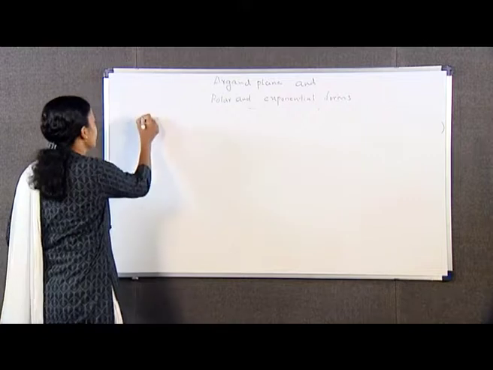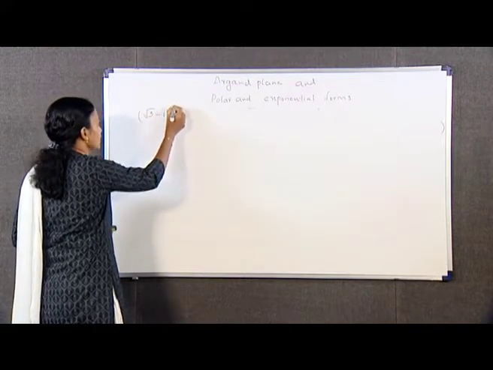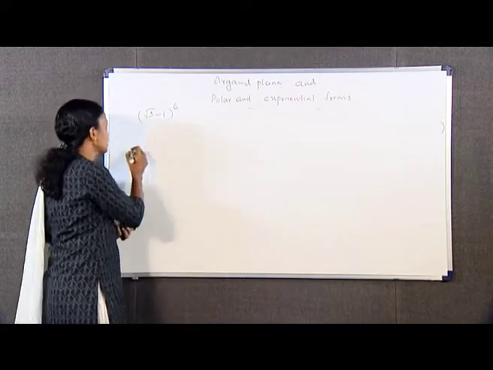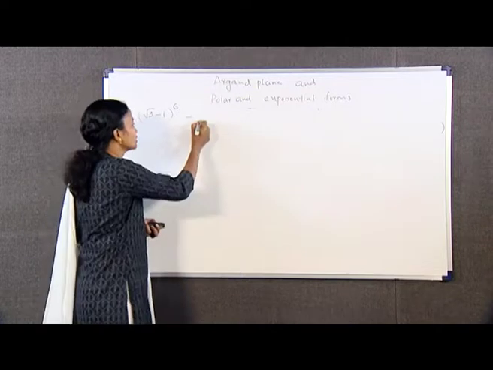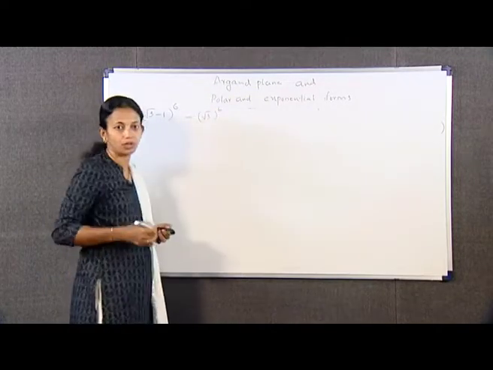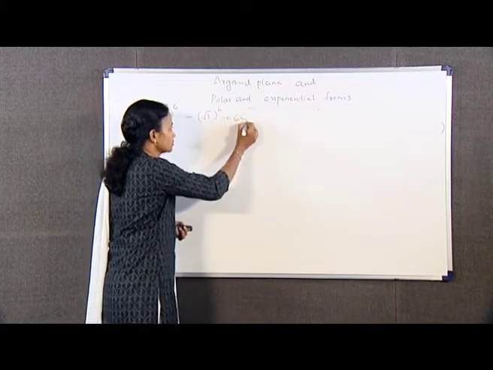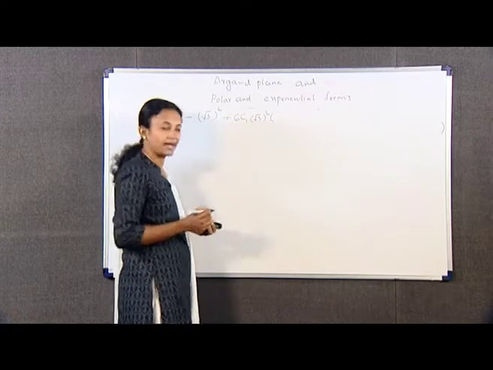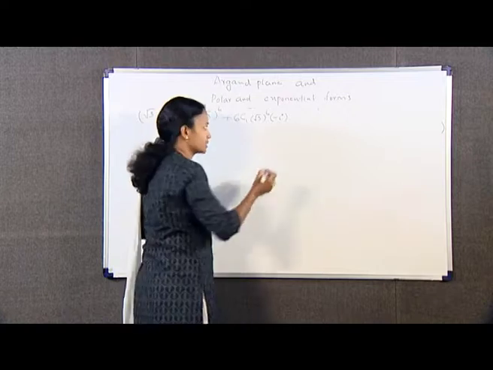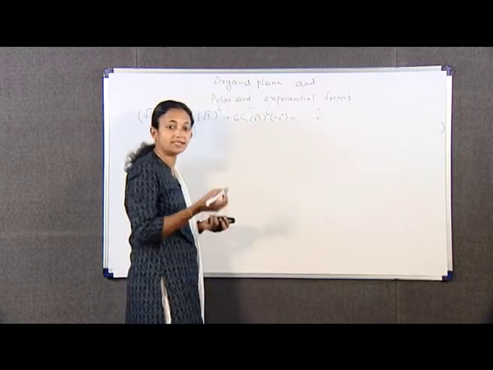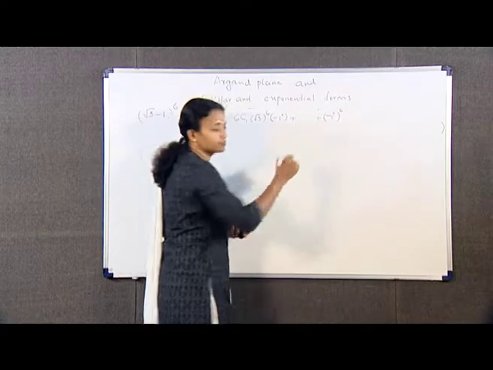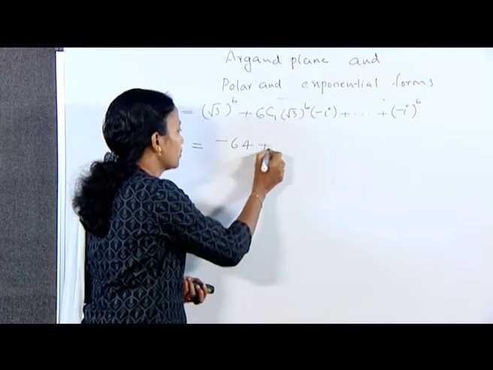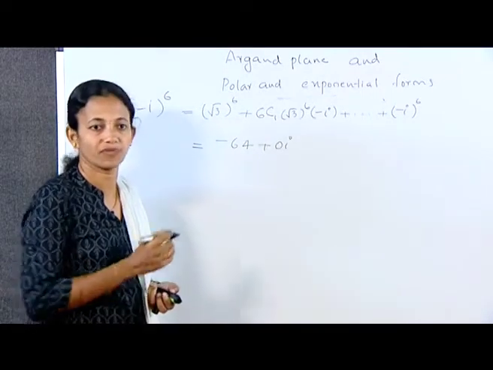Here the binomial expansion yields root 3 minus i whole raised to 6 is equal to root 3 whole raised to 6 plus 6C1 root 3 raised to 5 into minus i, plus etc. Last we have plus minus i raised to 6, which on calculation and simplification is equal to minus 64 plus 0i.